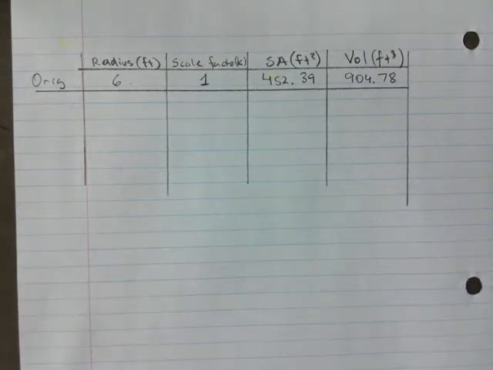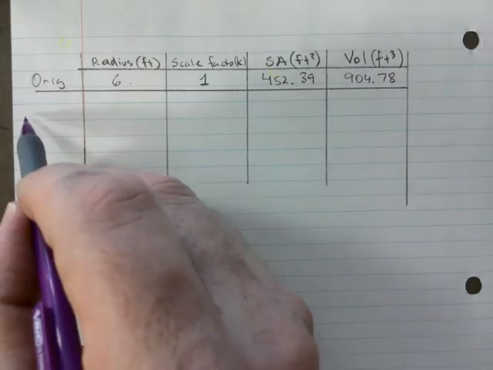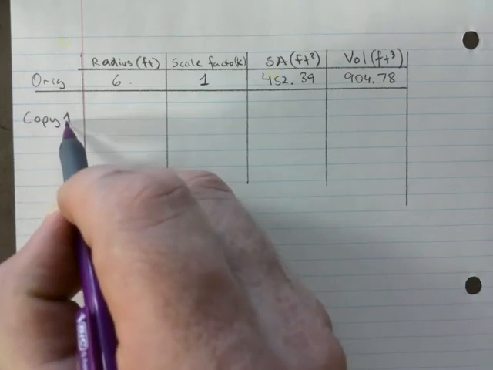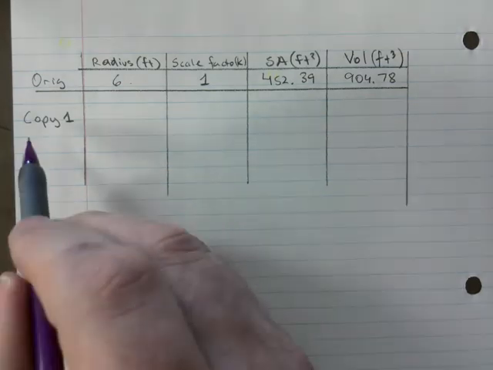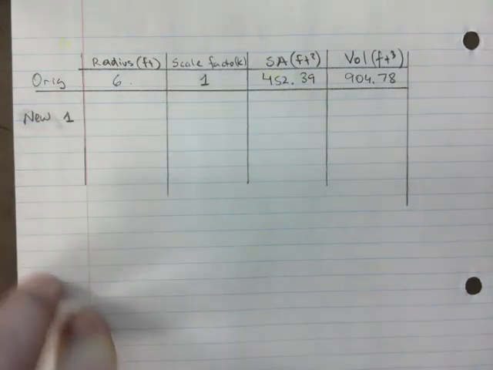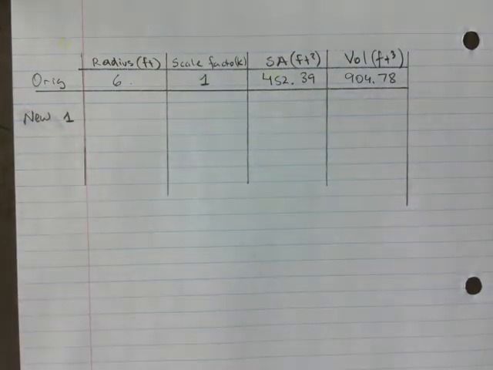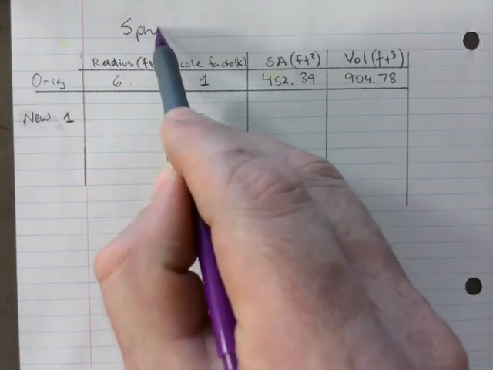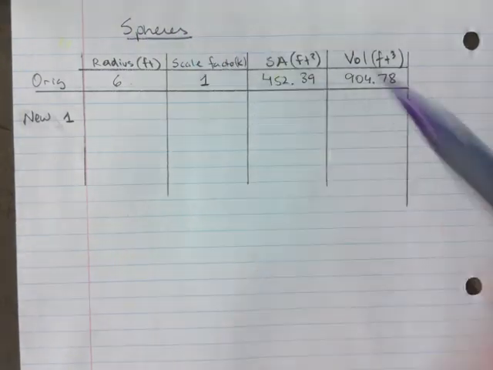Let's make a copy of it. I'm using more space for the copy, right? So let's say this is copy 1. Let's do new. Sorry about that, because I've been using new a lot. So let's make a new copy of this sphere. These are all spheres, okay?